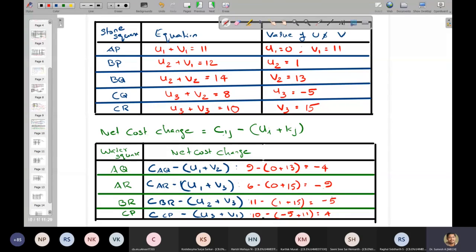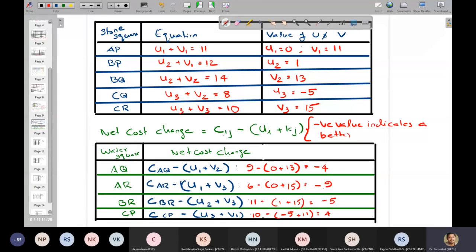A negative value indicates a better solution will exist. So we have -4, -9 and -5.